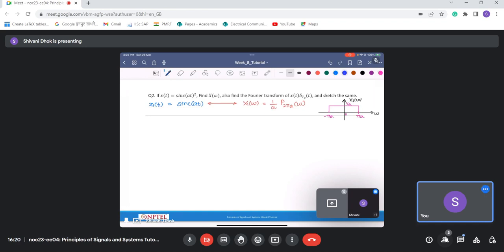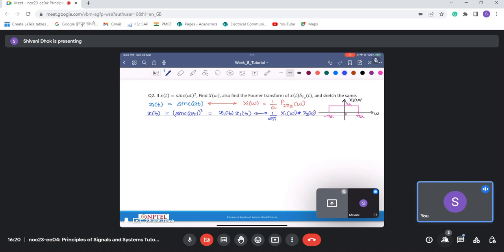Now the signal that we have been given is x(t) equal to sinc of at square. So I can write this as x1 of t multiplied by x1 of t. Now if we look at the multiplication in time property, then the Fourier transform of this is 1 over 2 pi x1 of omega convolved with x2 of omega.